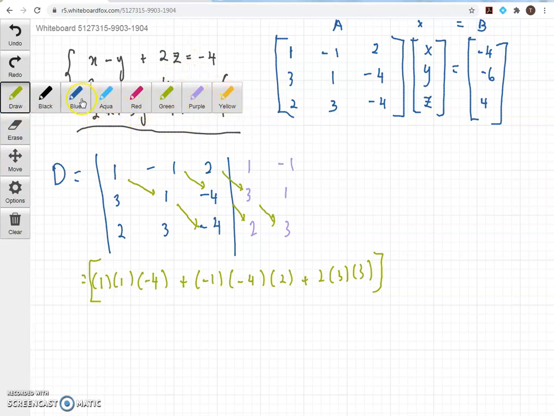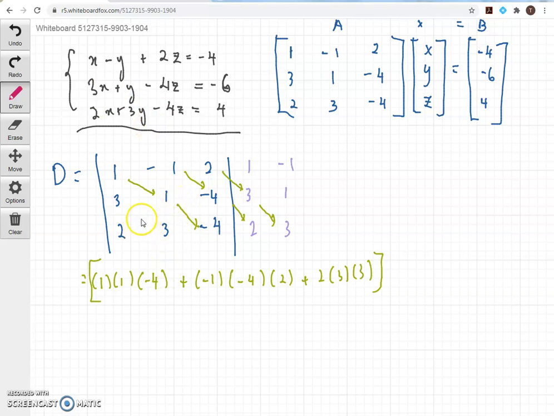Then let's use another color. Next we go from the bottom diagonally to the top, which is supposed to be minus.